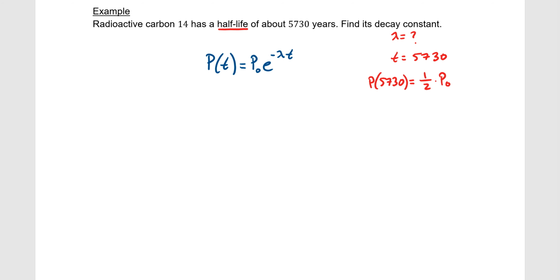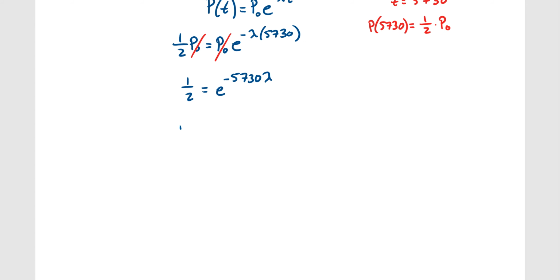So let's go ahead and plug that in. That's going to be 1/2 of the original equals the original e to the negative lambda times 5,730. Divide both sides by the original. We get 1/2 equals e raised to the negative 5,730 lambda. I just simplified that exponent a little bit. Take the ln of both sides.